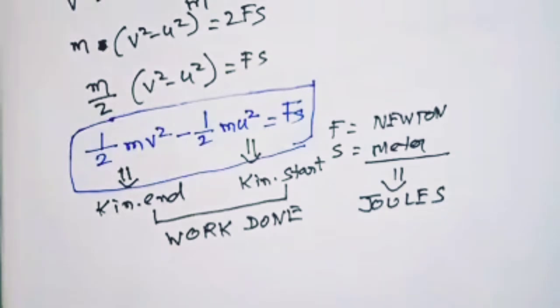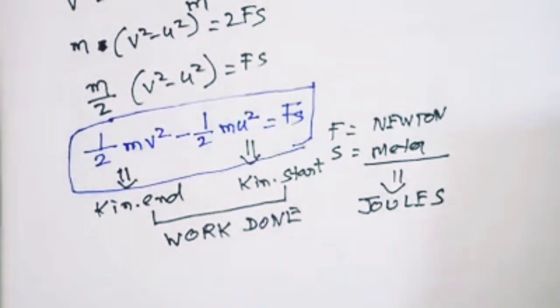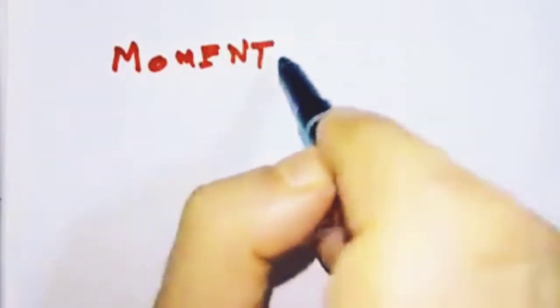Now we come to yet another important concept of physics, which is called momentum. I won't be expanding too much about momentum because momentum has got elastic, inelastic, different types of parts. So I will just try to mention the heading. We will deal a little bit with momentum.